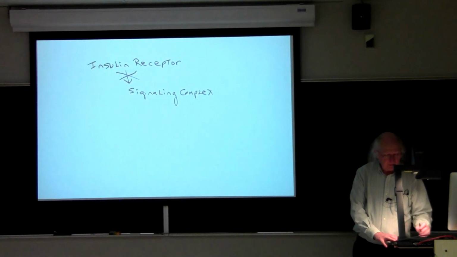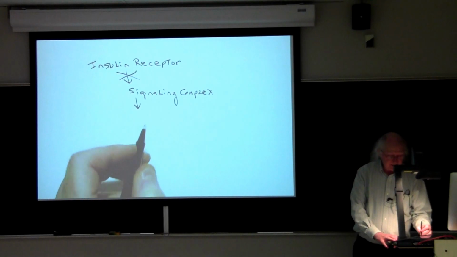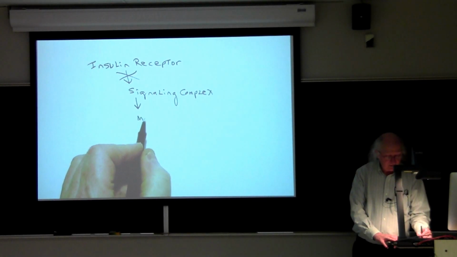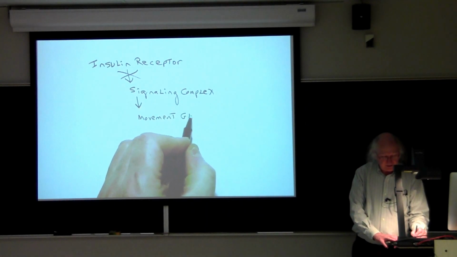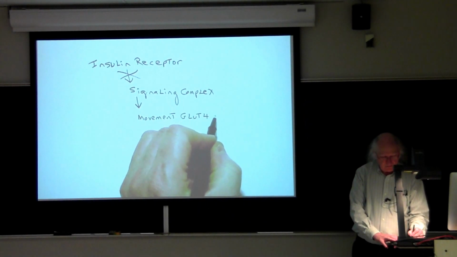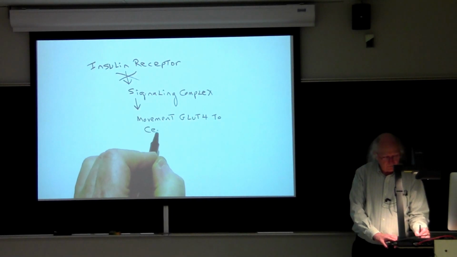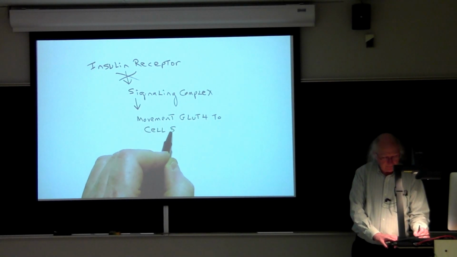so this would not occur. The signaling complex, in turn, would not go through the series of steps necessary to activate the movement of GLUT4 to the cell surface. So that would not occur.